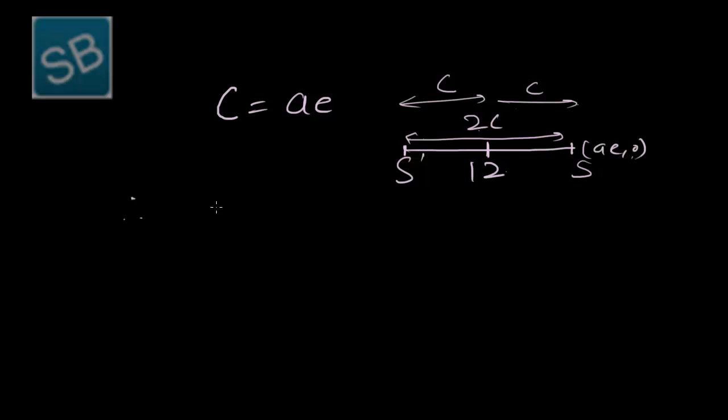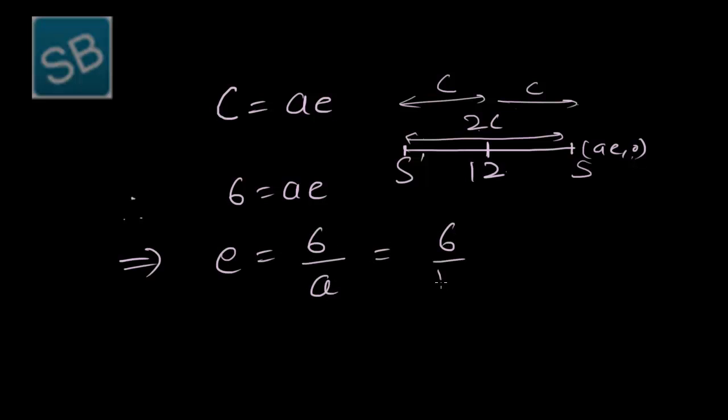Therefore 6 is equal to ae, and we have the value of a, so we get e from here, that is 6 over a, that is 6 over 4, that is 3 over 2.